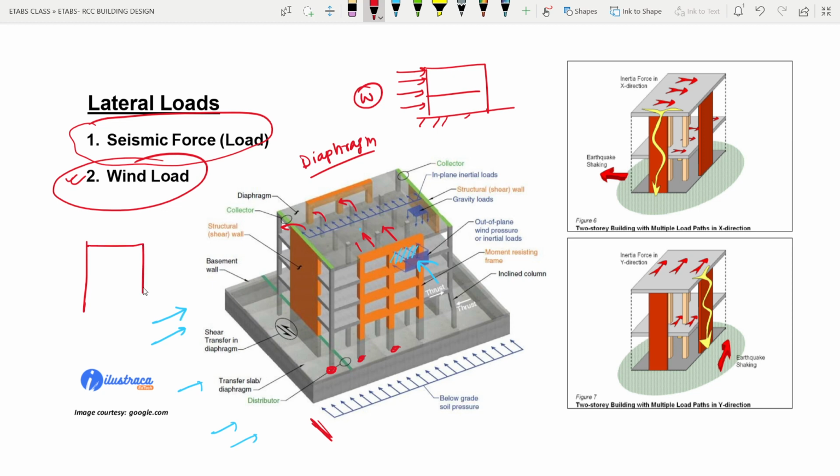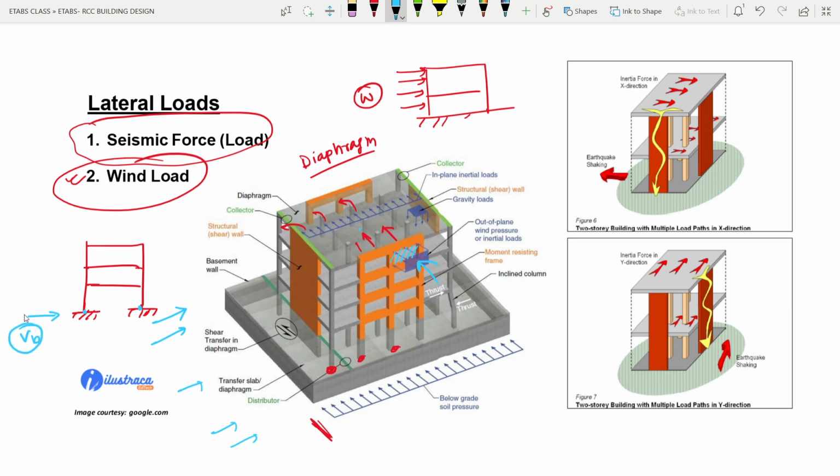Suppose this is my building. We consider this particular area as fixed. Fixed means there is no movement at this node, this particular point. So obviously we will get a reaction if we have forces from this direction. After finding this force, we call it VB, and we will explain it later.